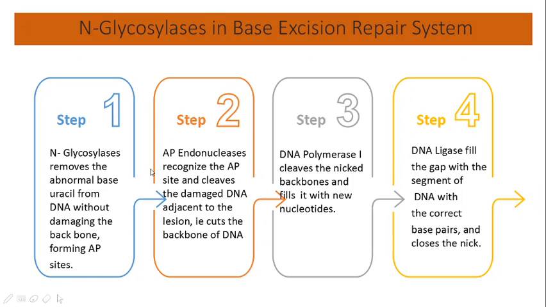This AP site is recognized by AP endonuclease, which cleaves the damaged DNA adjacent to the lesion, cutting the phosphodiester bond and making a nick. Third, DNA polymerase fills the nicked backbone with new nucleotides. The final step is DNA ligase filling the gap with the segment of DNA with correct base pairs and closing the nick. These are the four major stages in N-glycosylase base excision repair.